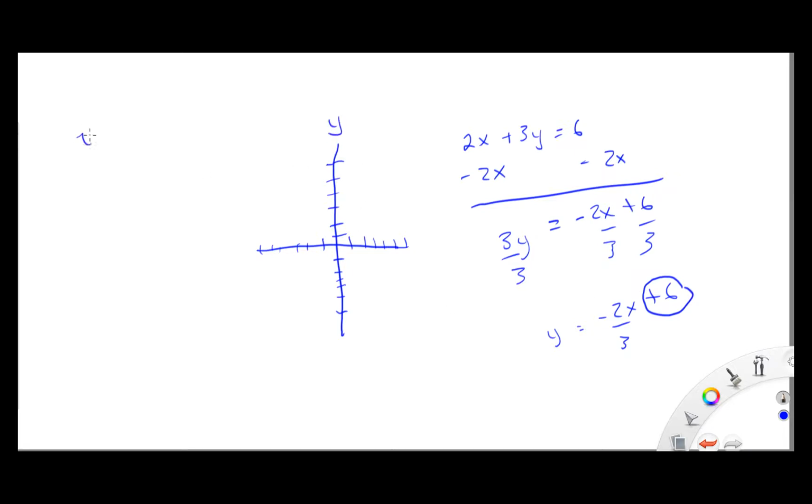And that's because y equals mx plus b. We're going to start out with this one, which is going to be 1, 2, 3, 4, 5, 6. It's a positive 6. That's my first number.